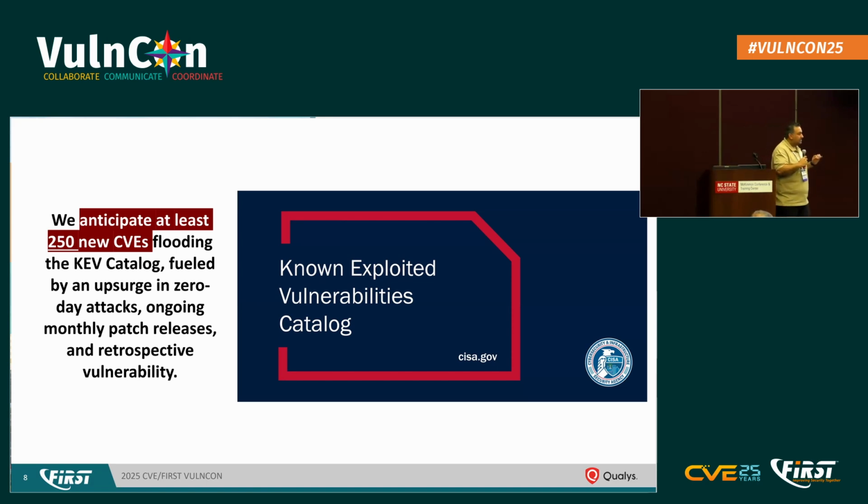CISA is not obligated to add all these new CVEs, right? Because there's a lot of pressure on government bodies, and they are working under a binding operational directive called BOD 22-01, which has a guideline that they are following.